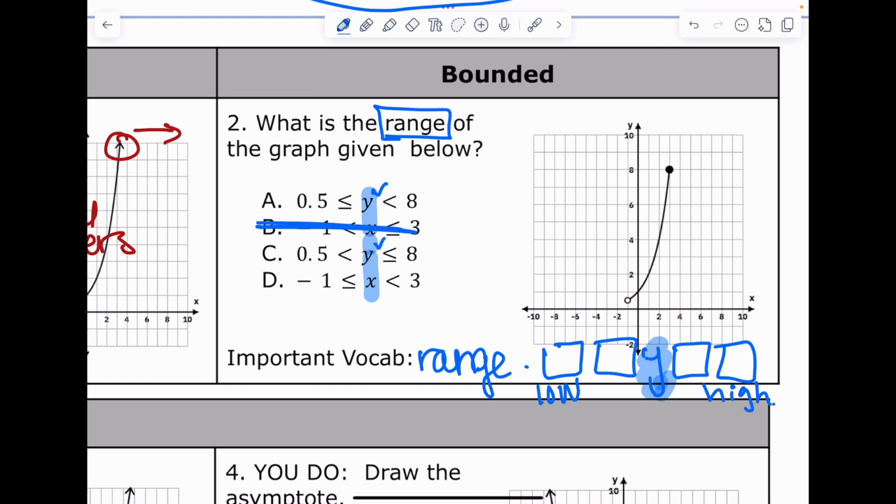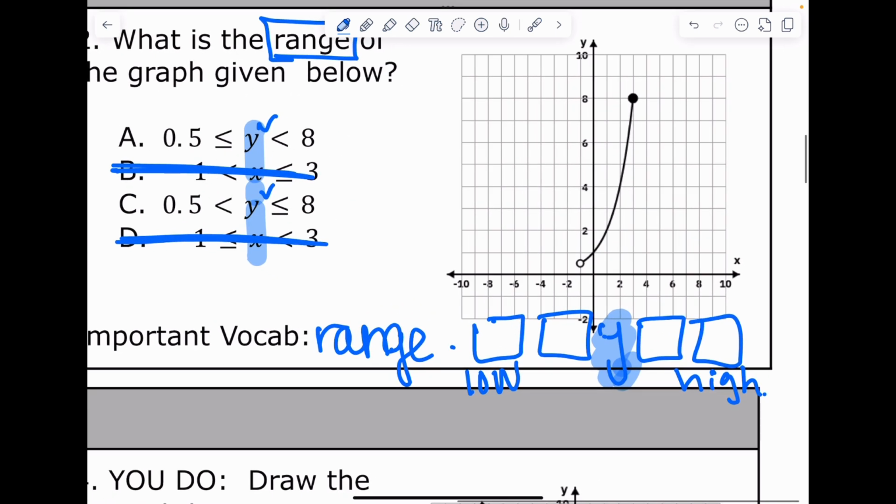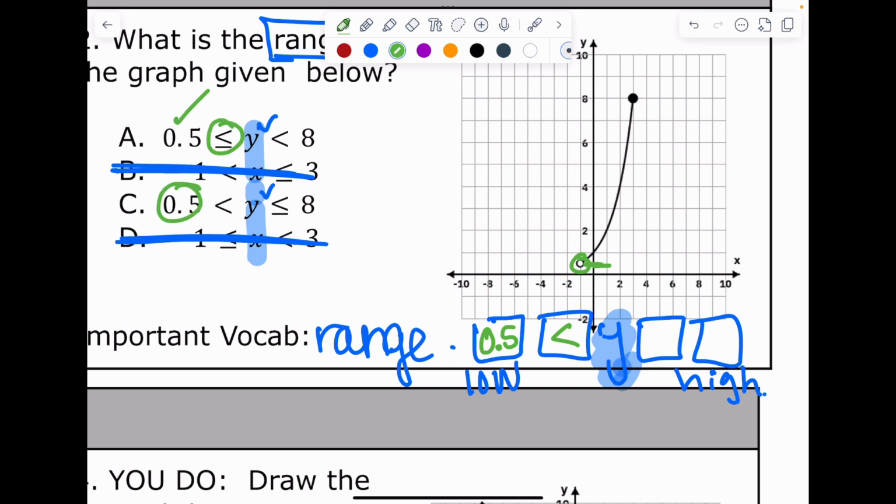C has y, so that's good. D has x, so that's bad. Now, I want my lowest number, which is 0.5, and that's an open point. So I have 0.5 with the symbol with the line, and 0.5 with the symbol without the line. I know this is open, so it's without the line. So my answer should be C.